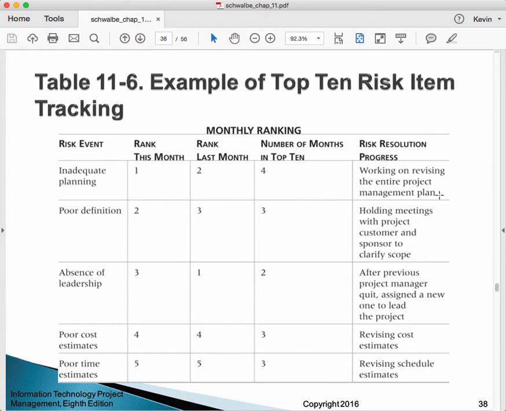So again, we have the risk event. We've got the risk rank this month, the rank last month, number of months in the top 10, risk progress resolution.